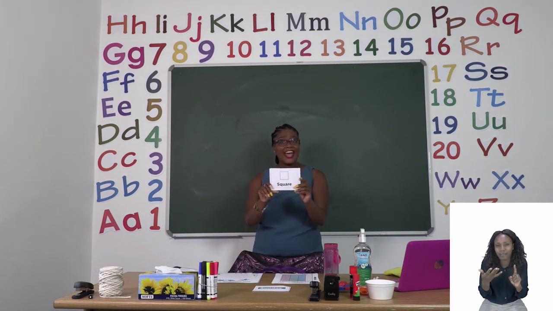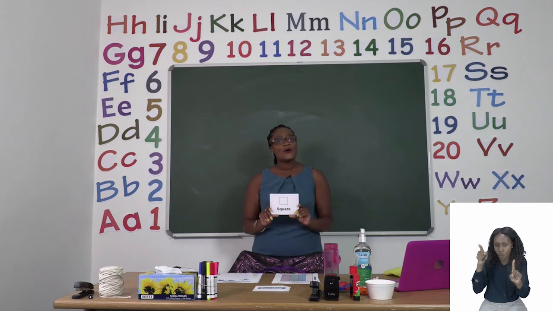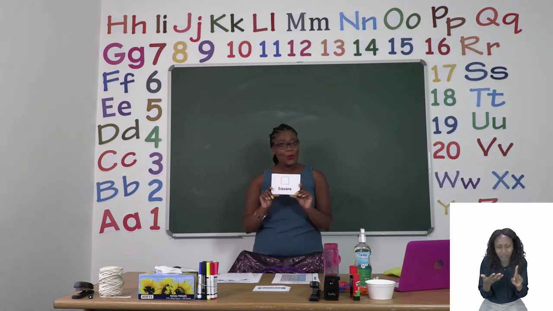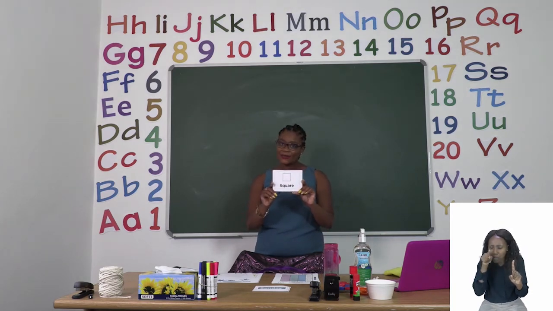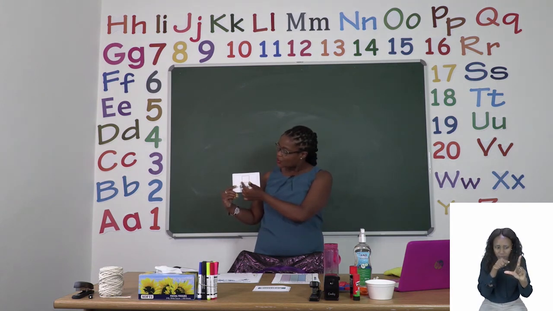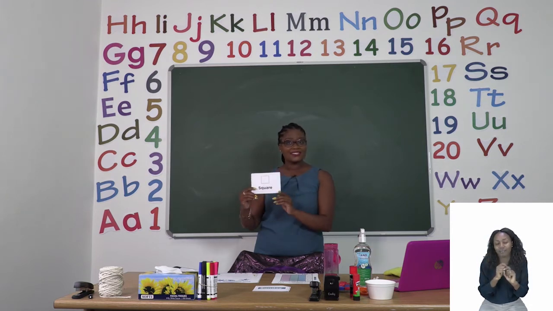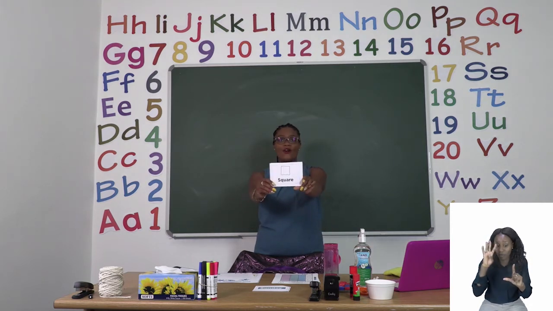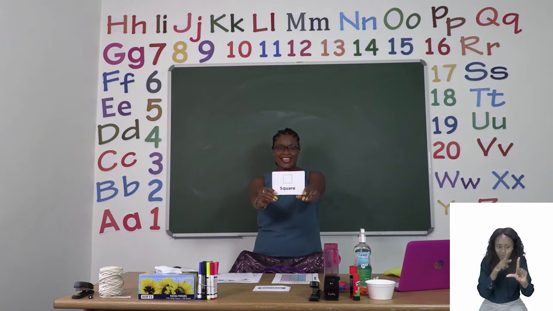So a square has 4 sides. We also need to count the corners. So let us count the corners. We have 1, 2, 3, 4 corners. So we have 4 corners on our square.